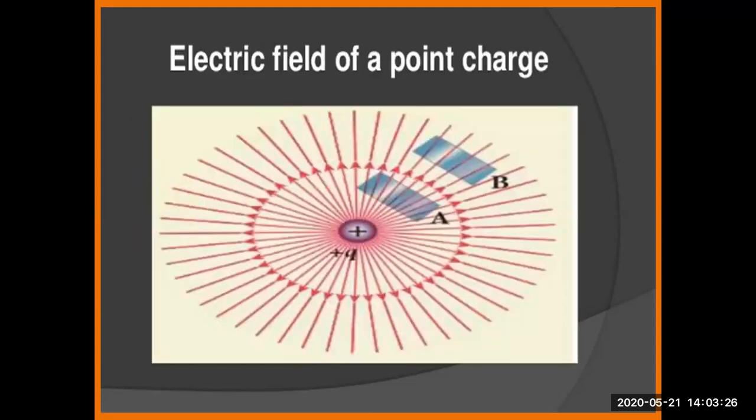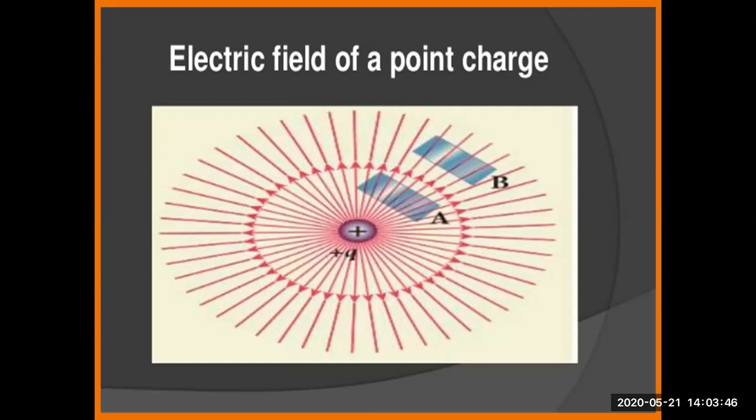After having said this, now let's see the next: the electric field of a point charge. There is a point charge placed at the center. In all dimensions the electric field lines are coming out, so we have the source. Now A and B are the perpendicular areas.